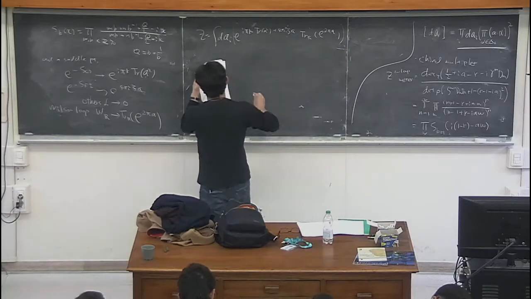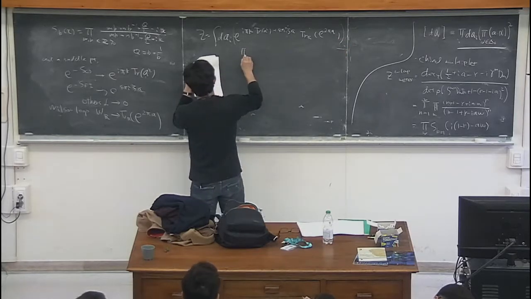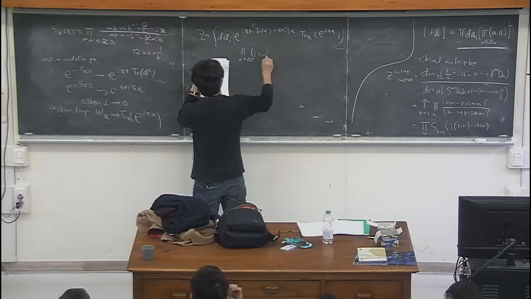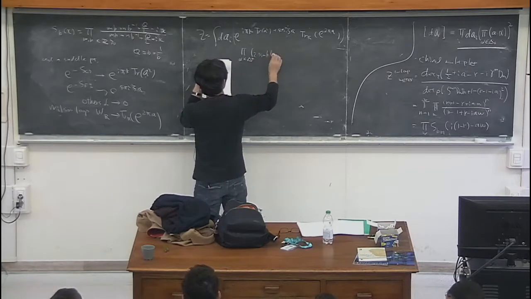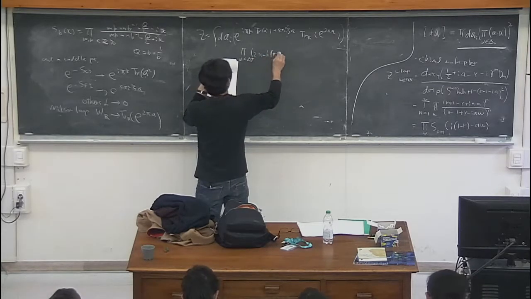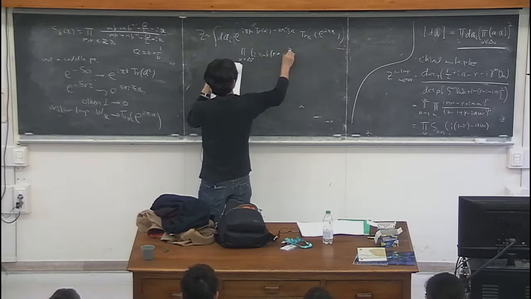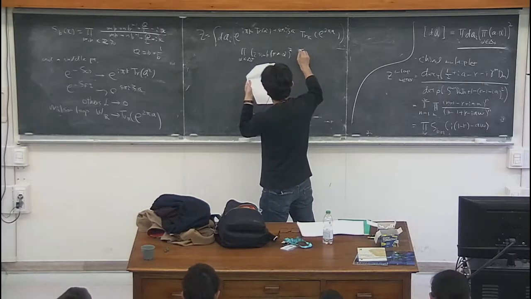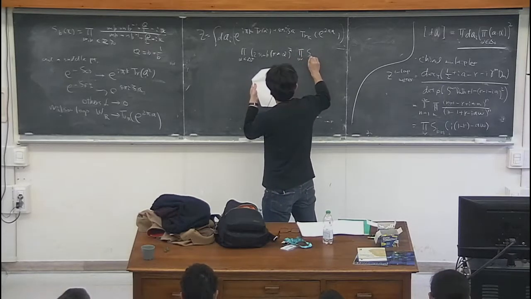And if there is a vector multiplet, I mean the gauge theory, then there's a factor like sine hyperbolic pi a alpha squared. And times, if there is matter, we add this one.